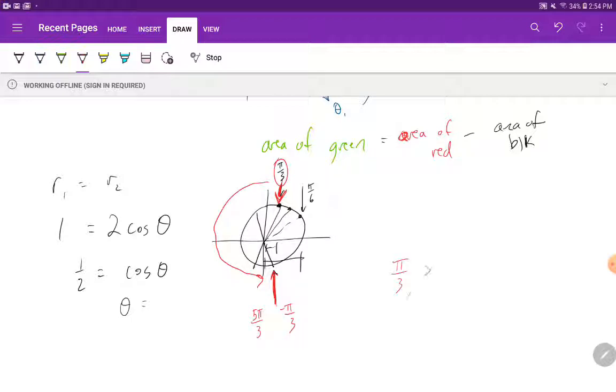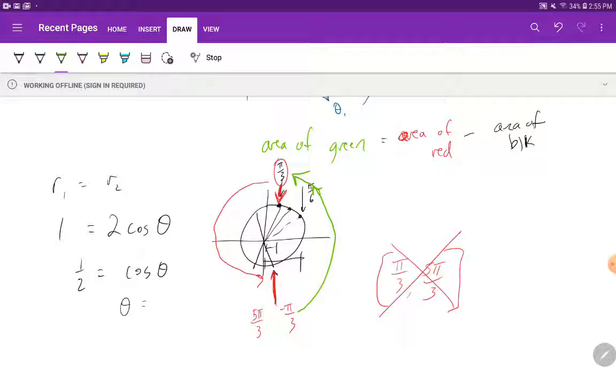Why is it not this? Because this is the wrong sweeping direction, right? We're sweeping the wrong side of the circle. We want to sweep from negative pi over 3 to pi over 3. Oh, that's pi over 6, I'm sorry. To pi over 3. I hope that makes sense. You have to choose the correct sweeping direction.